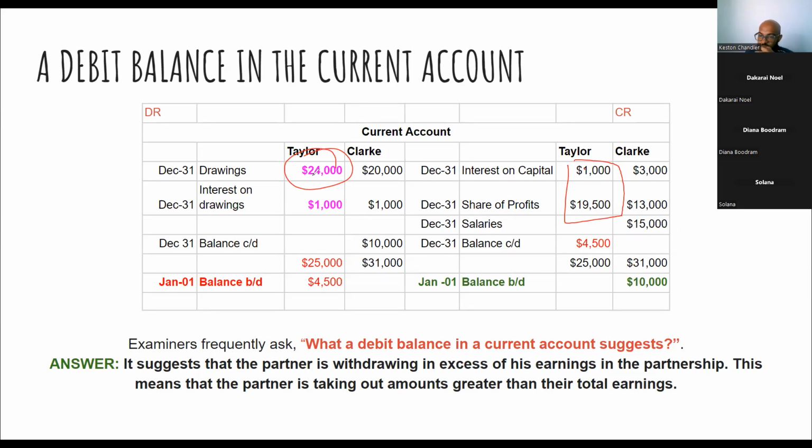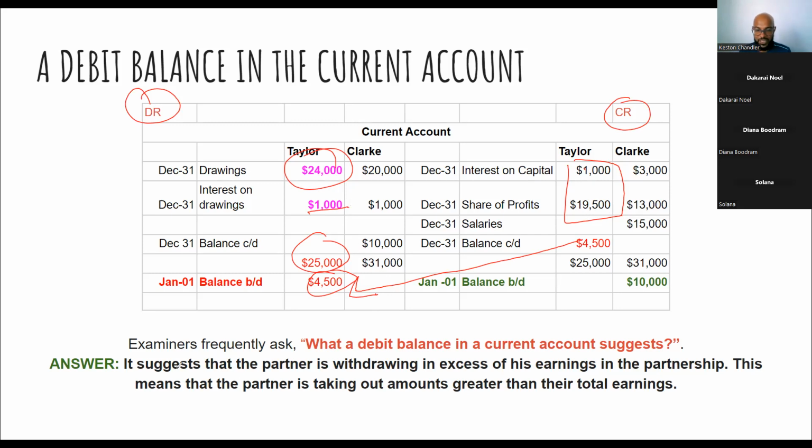But now that he has drawn 24,000 and paid $1,000 in interest, his debit side is 25,000, whereas his credit side, his earnings, is only 20,500. So he now has a debit balance brought down of 4,500. So it suggests that the partner is withdrawing in excess of his earnings in the partnership. It means the partner is taking out amounts greater than their total earnings.